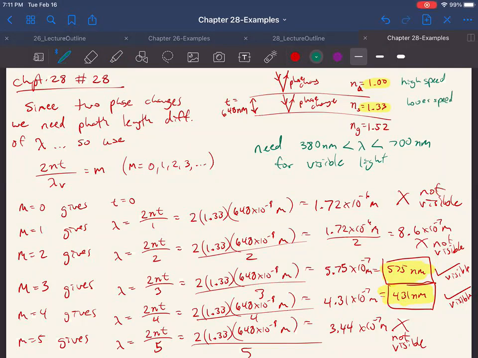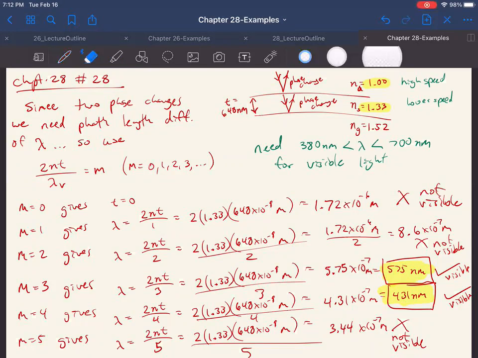And so what that means is that we will get a phase change that acts just like the fixed boundary. The lower speed, you can think of it, doesn't react fast enough in order to move. So it acts like that fixed boundary off the reflection. And so we get an inversion, which means we get that phase change.